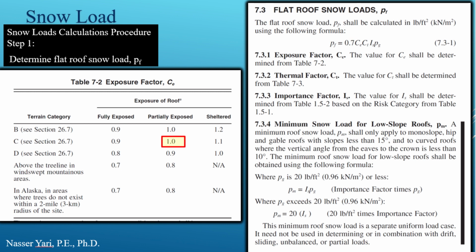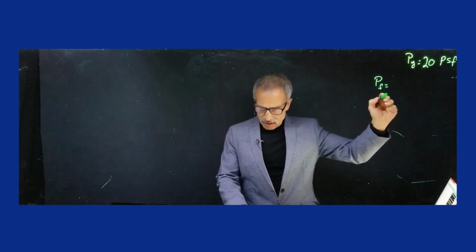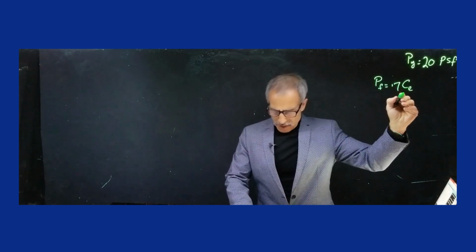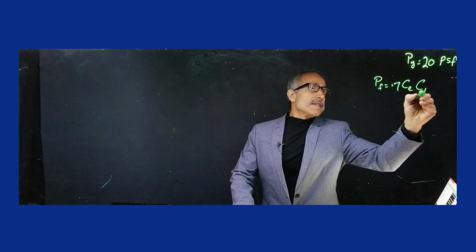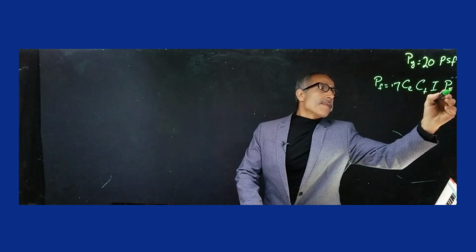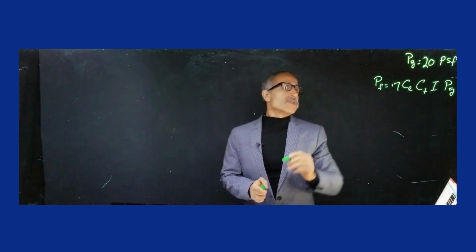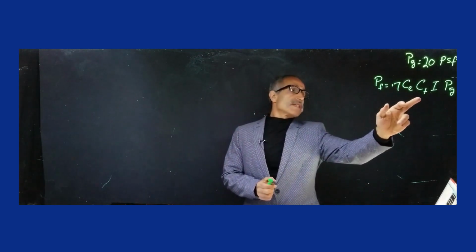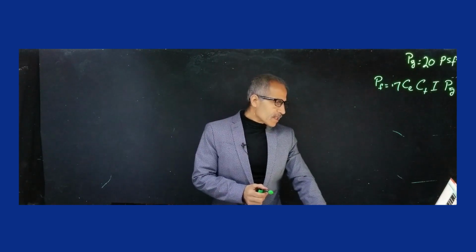If you take a look at ASCE 7.2, we see that Pf is equal to 0.7 Ce Ct Is Pg. We already know the Pg, so we're going to find the rest of those. We're going to find Ce, Ct, and Is step by step.